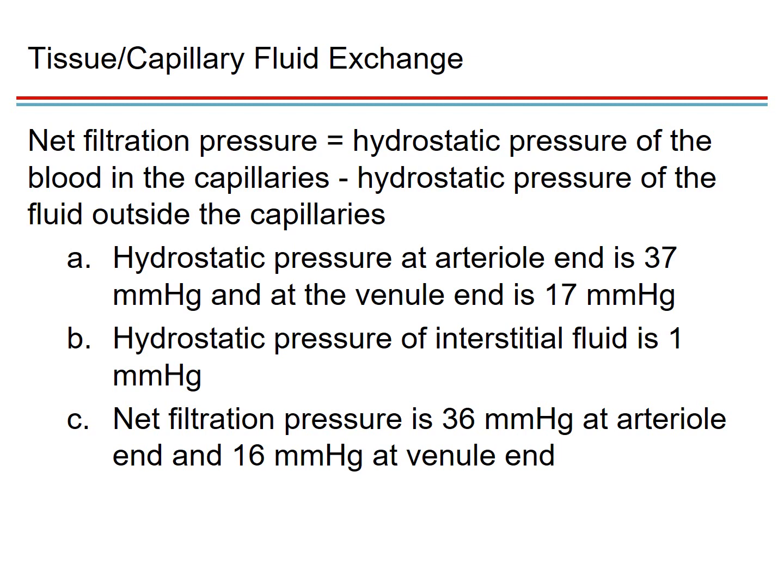The hydrostatic pressure of interstitial fluid is about 1 millimeter, so net filtration is a subtraction of the two: 37 minus 1 is 36 millimeters of mercury at the arterial end, and 17 minus 1 is 16 millimeters of mercury at the venous end.